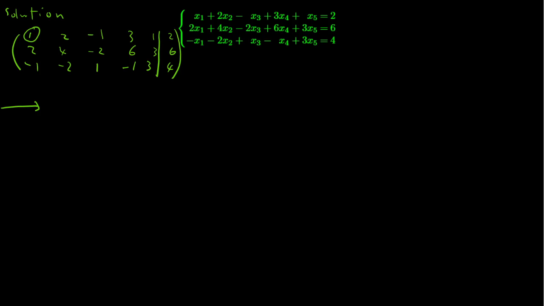The circle is the leading one of row 1. You do not have to do anything to make the leading one of row 1. Now you can go ahead and use the leading one of row 1 to make these 2 locations zeros. I think the operations we are going to perform are to multiply row 1 by -2 and add the multiple to row 2, and row 2 is changed.